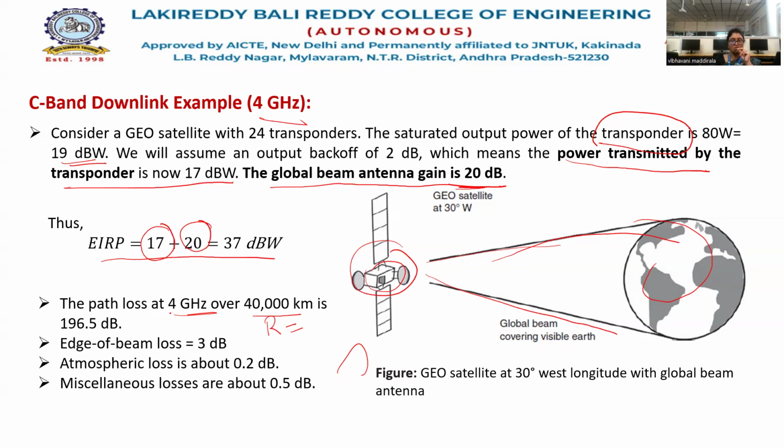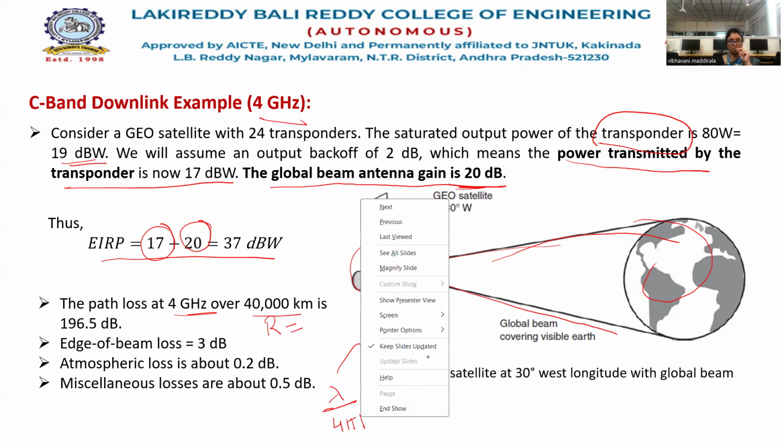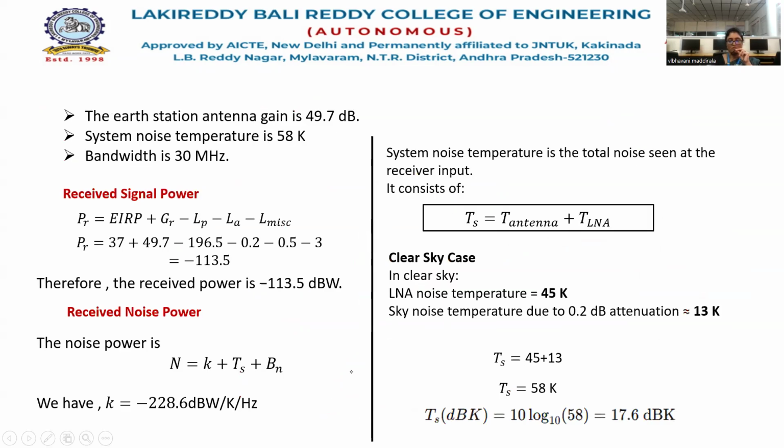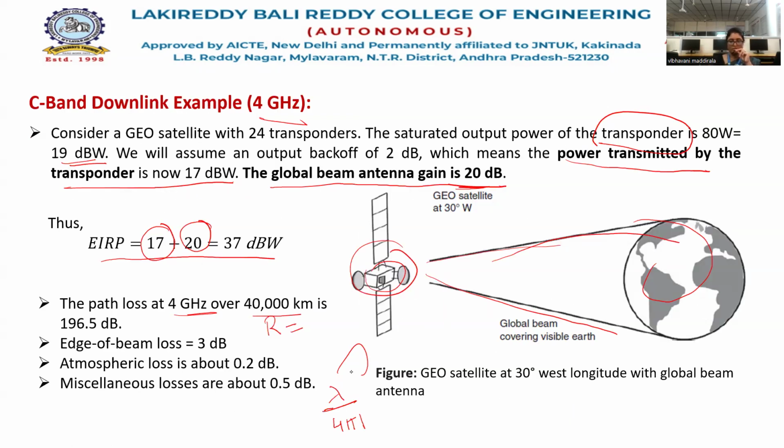So for the path loss, we have the equation: (lambda by 4 pi r) whole squared.